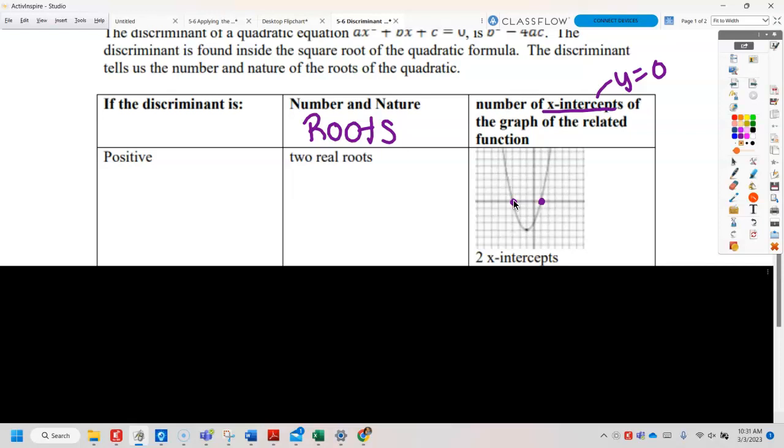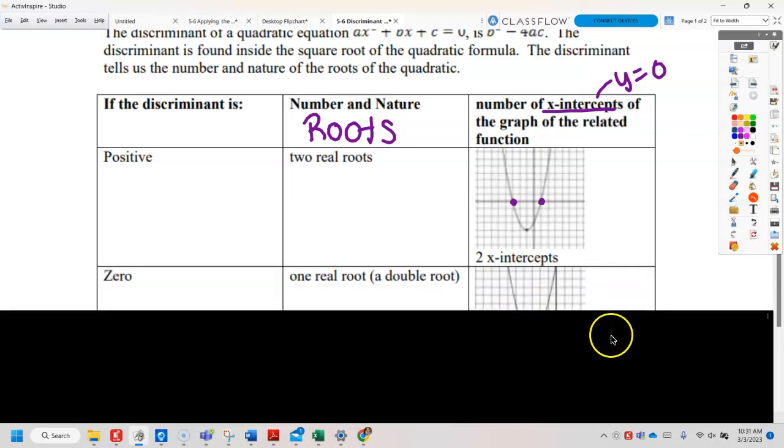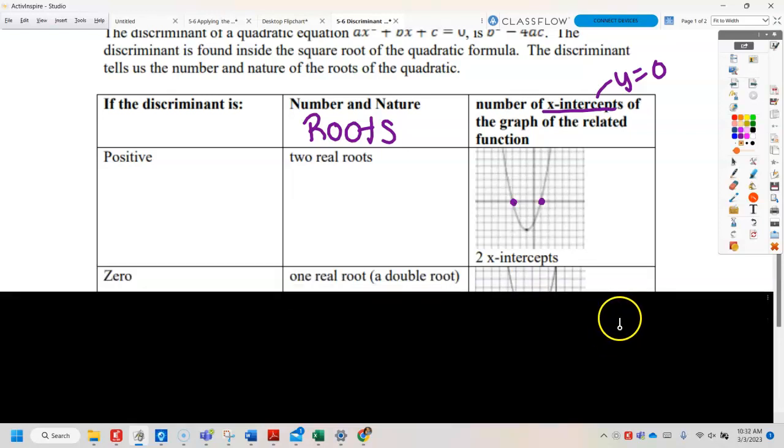That is also interpreted as two x-intercepts. In this case, those roots or x-intercepts are at x equals 1 and x equals -3. And those are the answers we would have gotten if we solved this by factoring.